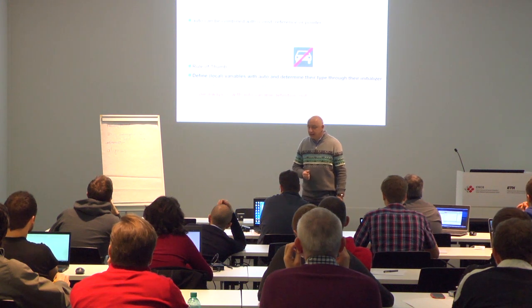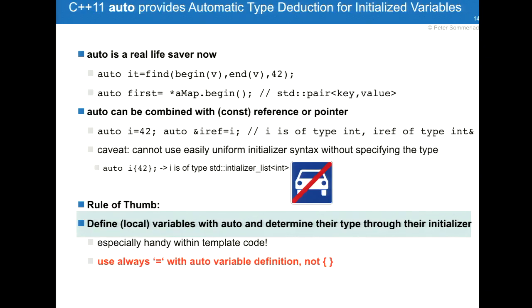And the bad thing is, until maybe C++17, I believe, if you have auto and use these curly braces, then the type deduced is not an int in that case, which you might expect, but it's an initializer list of int. Why is that?